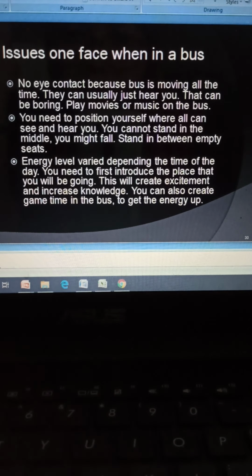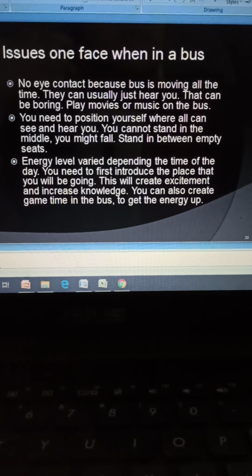So all these other things I think you can actually read. Issues one faces in the bus. One thing about issues you face in the bus: sometimes the energy level is a little bit low. What you need to do is, before reaching the place, tell them a little bit about the place.